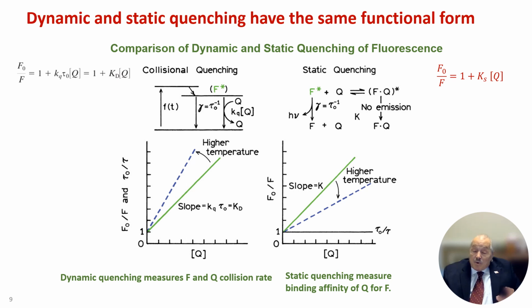Since static quenching depends on binding between the fluorophore and the quencher, that's thermodynamically driven, and you would expect the higher temperature would break that complex apart, at least partially. So as you notice in these two plots, we've written the tau naught over tau as 1, because the only thing that is being observed is the free fluorophore in this process.